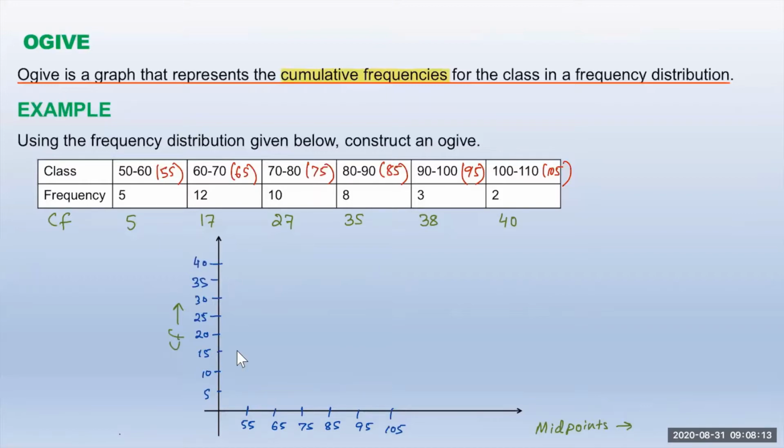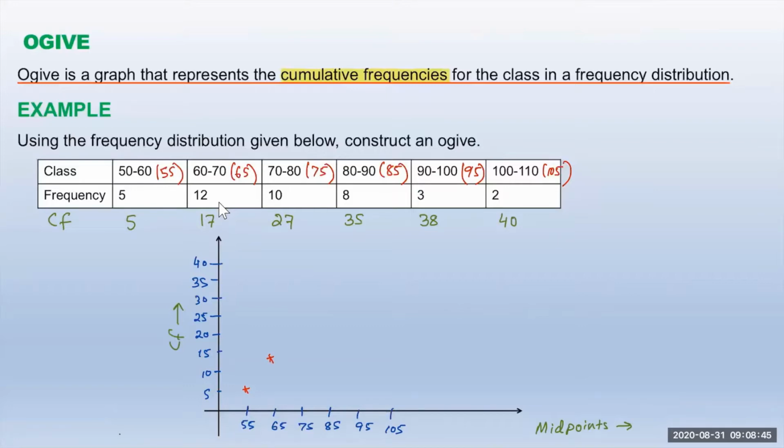Now let's draw the graph. Let's plot the points. The first point that we have is 55. When the midpoint is 55, the cumulative frequency is 5. 55, 5 is somewhere there. Next one we have is 65, 12. When it is 65, it is 12, a little bit above 10. Then we have 75, 27.